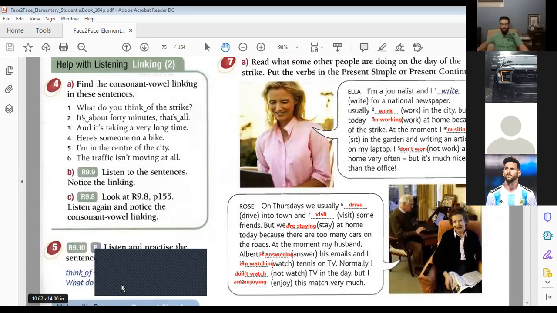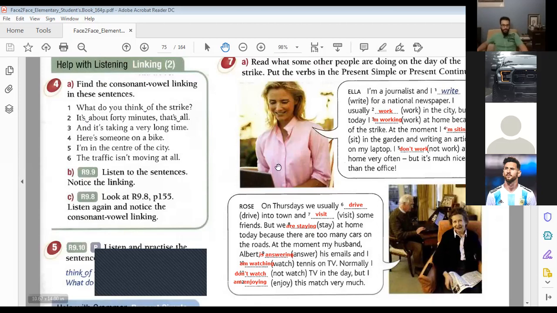On Thursdays, we usually drive into town and visit some friends. But we're staying at home today because there are too many cars on the roads. At the moment, my husband, Albert, is answering his emails, and I'm watching tennis on TV. Normally, I don't watch TV in the day, but I'm enjoying this match very much.